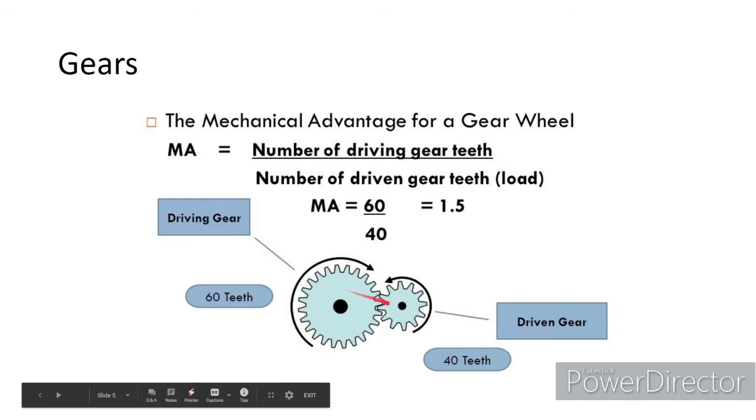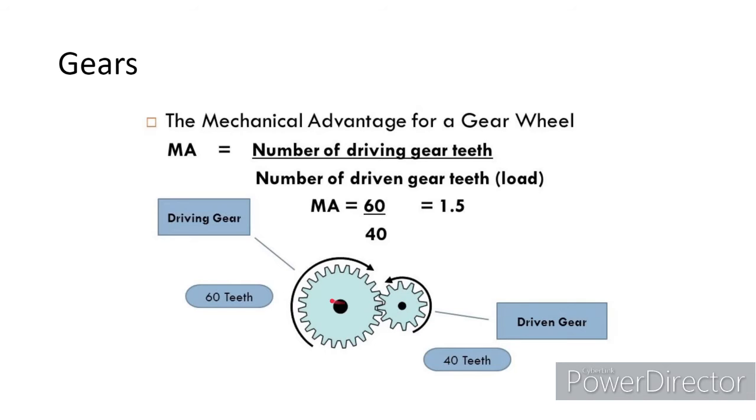But it's just using teeth instead of a radius, because the assumption, again, is that the number of teeth is directly proportional to the radius of those wheels. So again, your ideal mechanical advantage for a gear is going to be equal to your number of driving gear teeth divided by your number of driven gear teeth. So now we're going to go ahead and look at an example of calculating mechanical advantage in a wheel and axle.